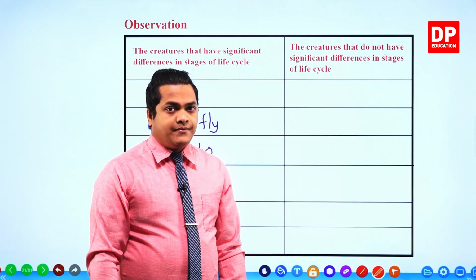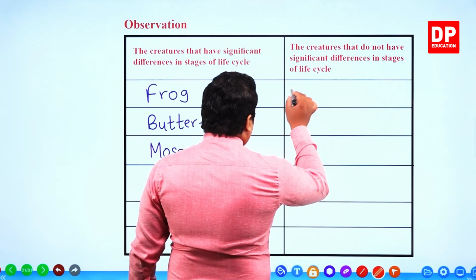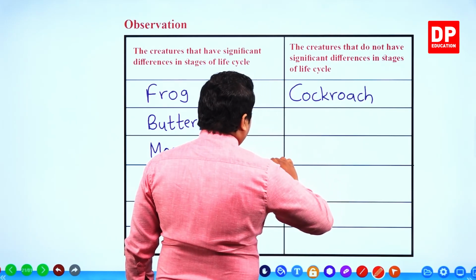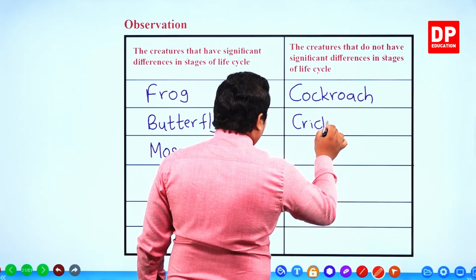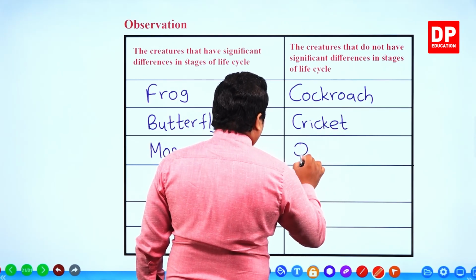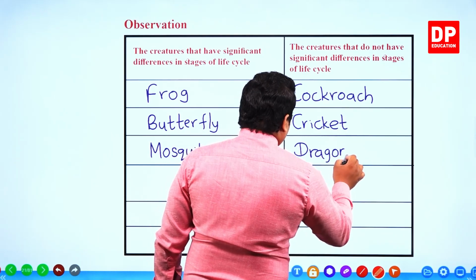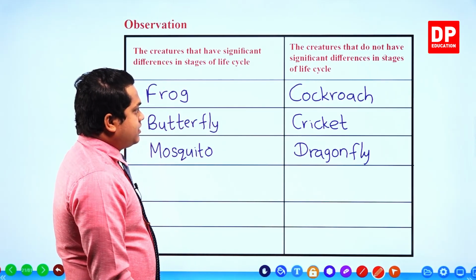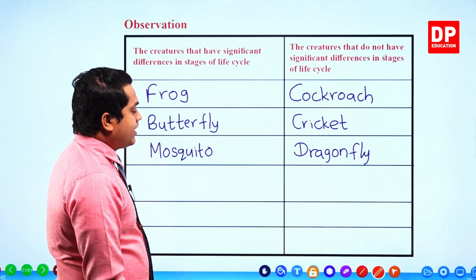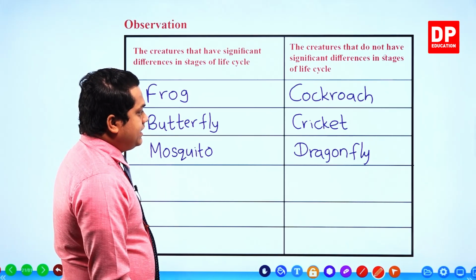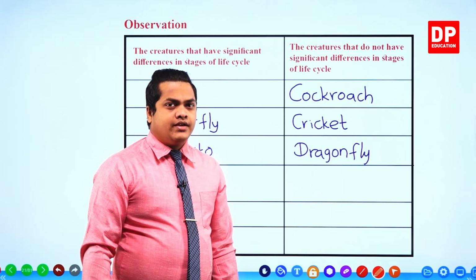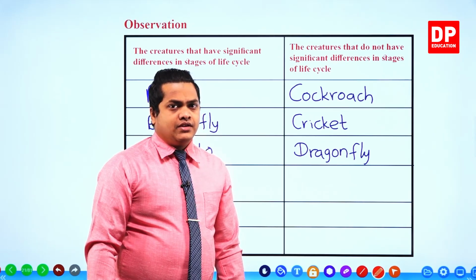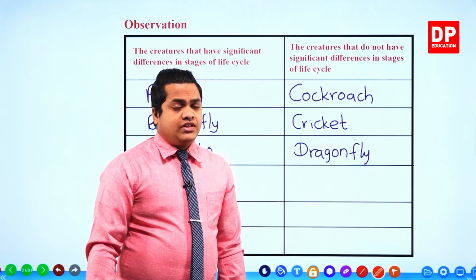Okay, then if you take cockroach, cricket and dragonfly, right? Dragonfly, cockroach, cricket and dragonfly. These organisms do not have any significant features within their life cycle.